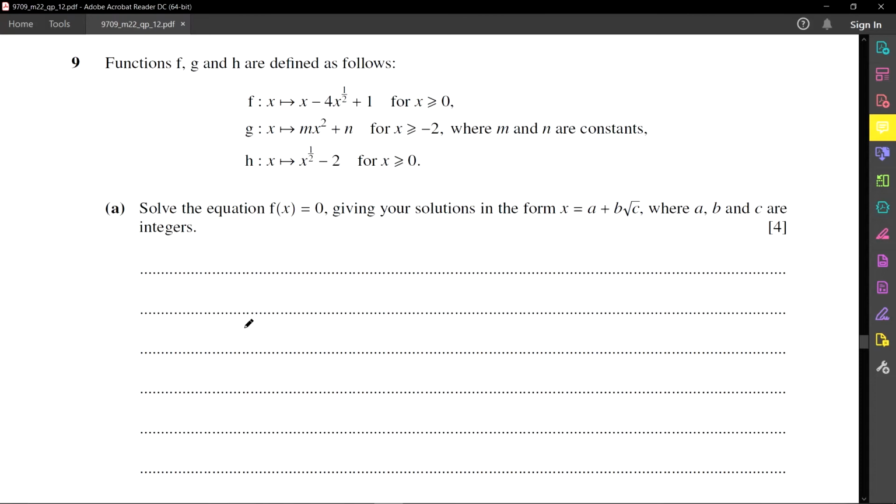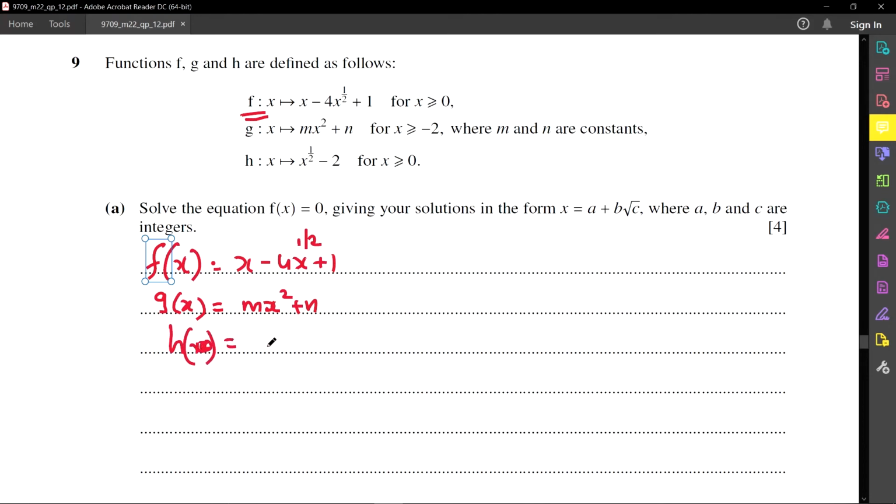So coming to question number 9, we have f of x equal to... this seems to have something to do with functions, yes, this is functions, the format is there. f of x is x minus 4x power half plus 1, g of x is mx square plus n, and h of x is x power half minus 2.